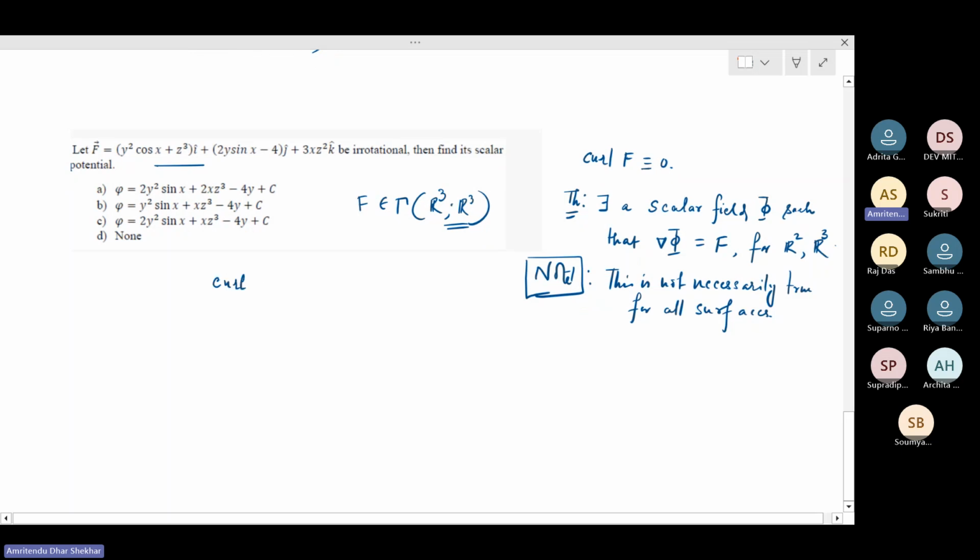It's given to be curl free, so curl of f is 0. What you need to compute is a phi such that grad of phi is equal to f. So let's see how this can be done.